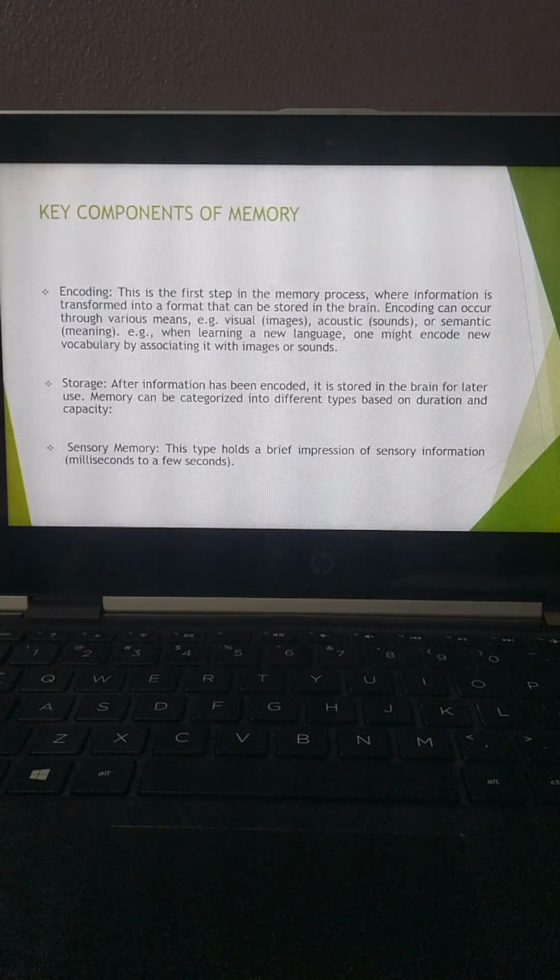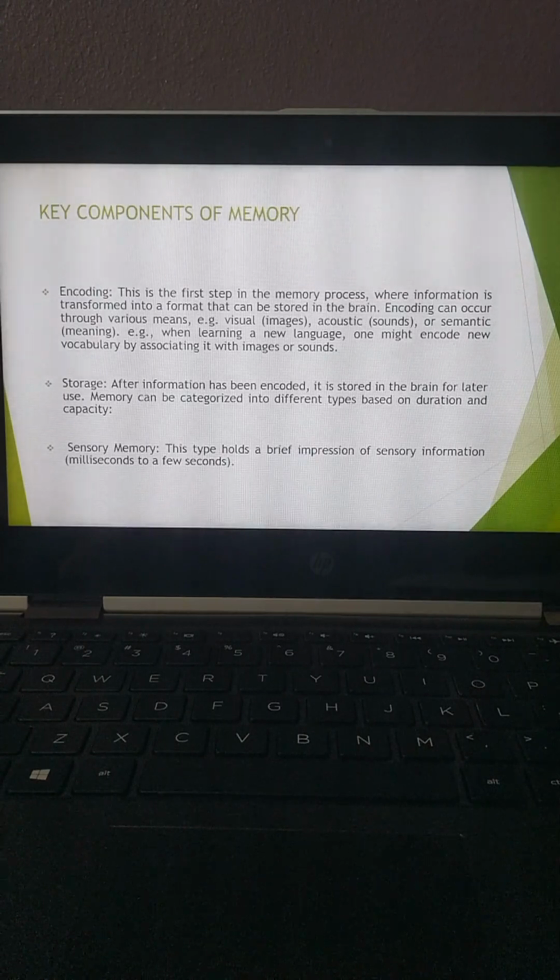It could be visual, that's seeing images. It could be acoustic, hearing sounds, and it could be semantic, that is making meaning. For example, when learning a new language, one might encode new vocabulary by associating it with images or sounds.